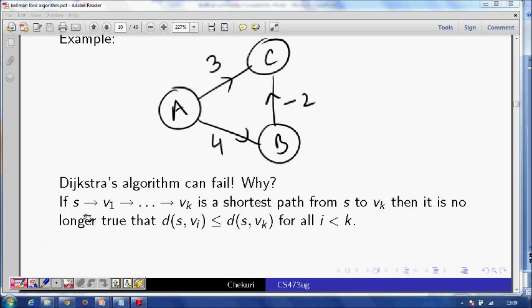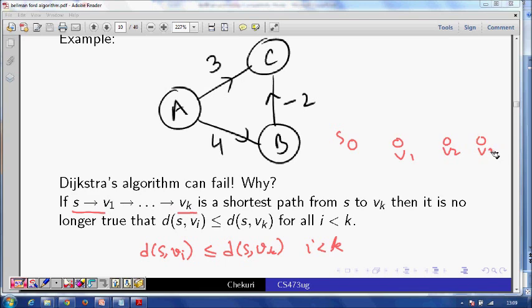Let's say we have a shortest path from S to V1 to V2 and then finally to Vk. Dijkstra's algorithm assumes that d(s, Vi) is less than or equal to d(s, Vk), where i is less than k. Why will this be true? For example, take S, V1, V2, V3, with edge weights 2, 3, and minus 4.